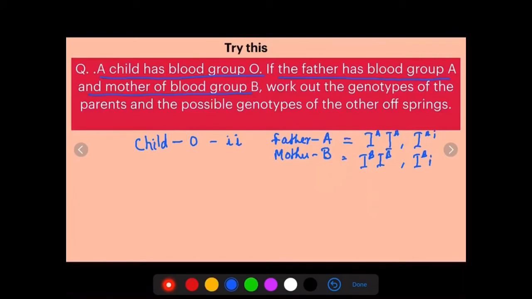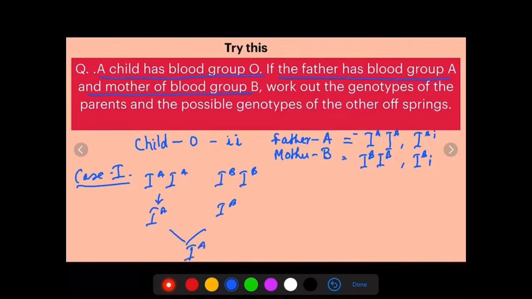Now let us take the first case. If the father is IA and the mother is IB, the gametes will be IA, IB, and the child will have blood group AB. But no, it is not AB.